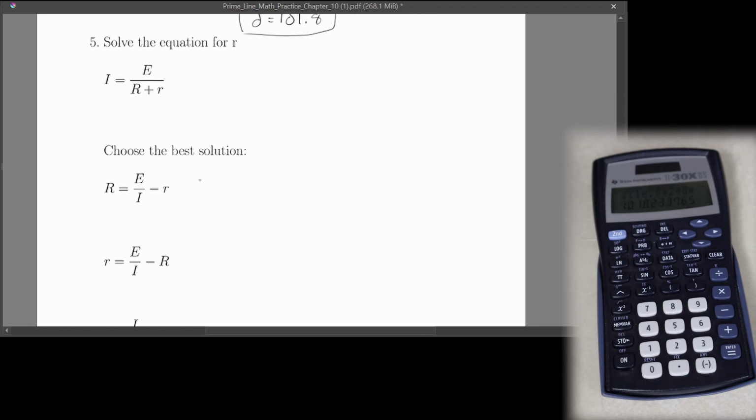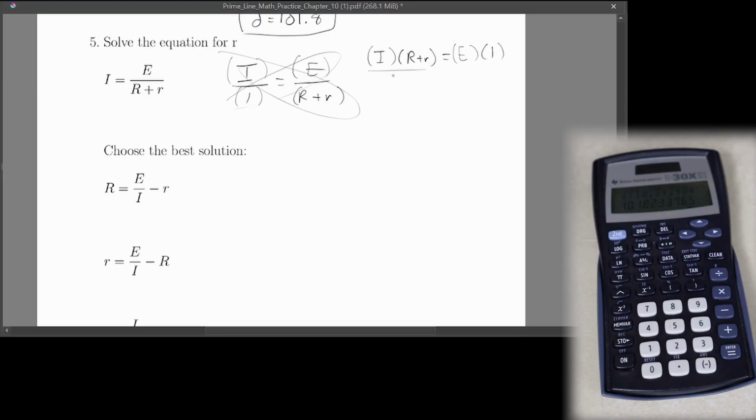Number 5, we want to solve the equation for r. So in this one, we don't have values that we're plugging in, but we want to solve for this little r. So I'm going to write my equation. I'm going to put parentheses around my terms, and I'm going to cross multiply to get my result out of a fraction. So I've got capital I times big R plus little r equals e times 1.